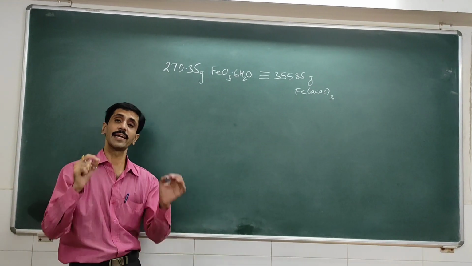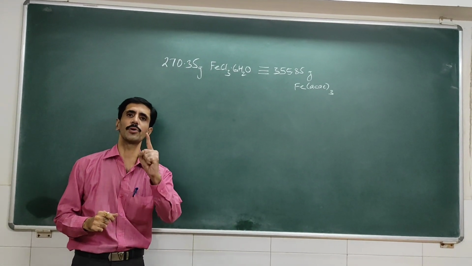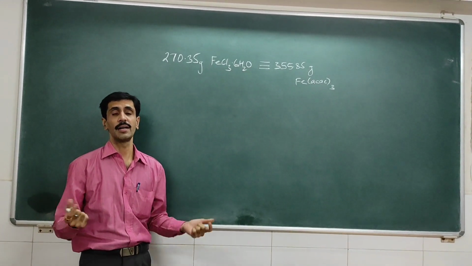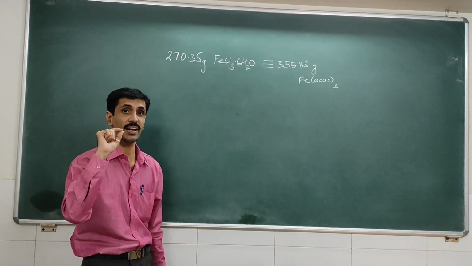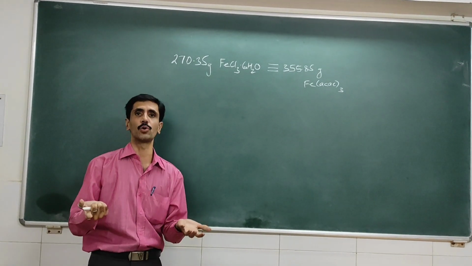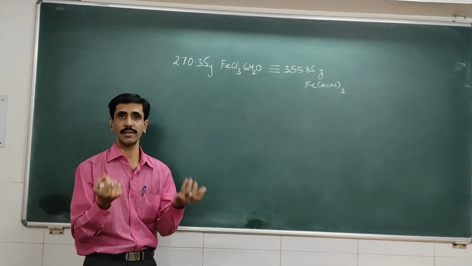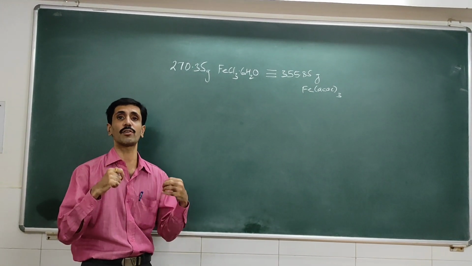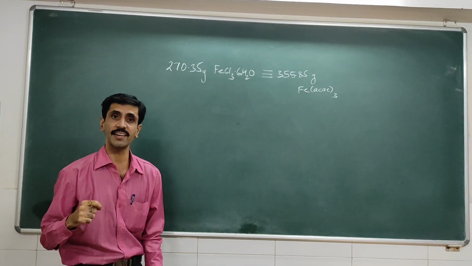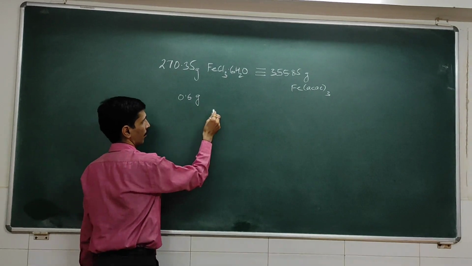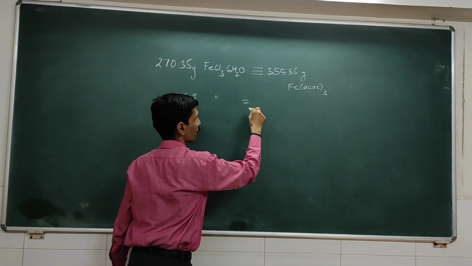Now, the given quantity, if you remember, I told you the given quantity of FeCl3, that is more important, and that was how much? 0.6 grams was given to us. Okay, the W value will always be provided to you. So, the value which I am giving you over here, the W value, that is the weight of the ferric chloride which was initially given, was 0.6 grams. So, 0.6 grams of FeCl3 will correspond to how much?